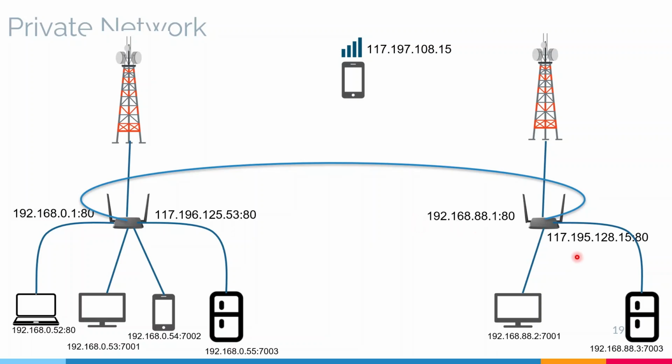I no longer need the public IP. And since I've also disabled the port forwarding of port 80 on the first home and ports 7001 and 7003 on the hill station home, none of the users outside the networks can access them. So I basically created a private network.